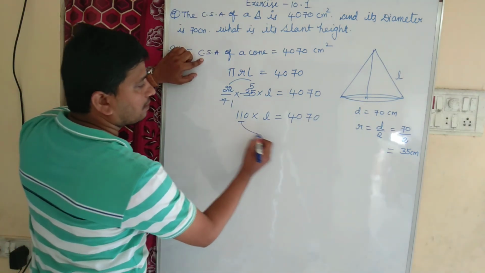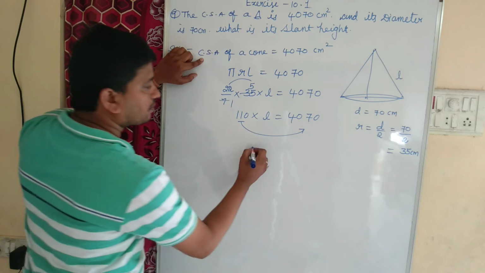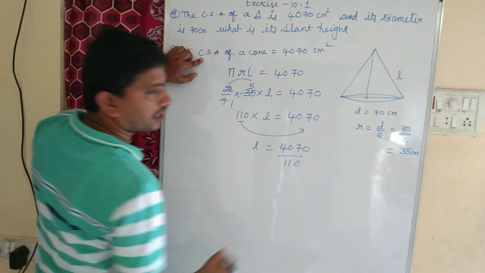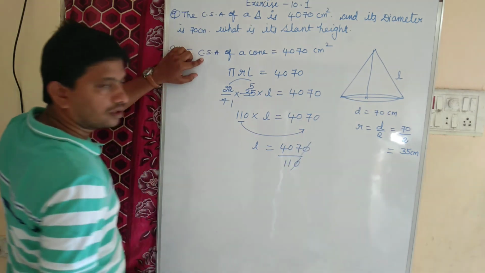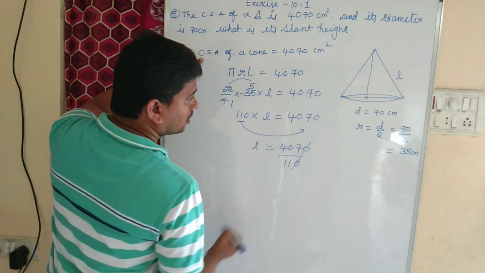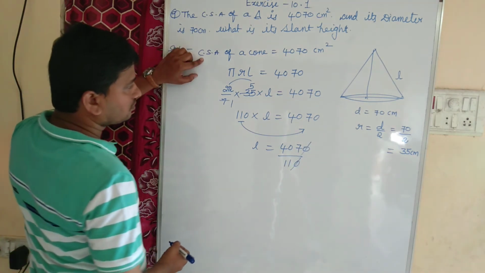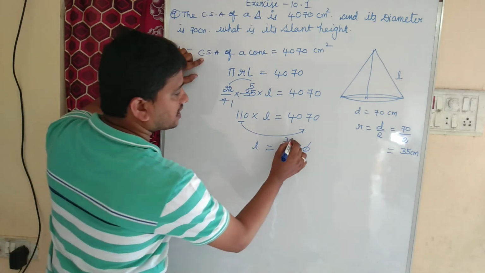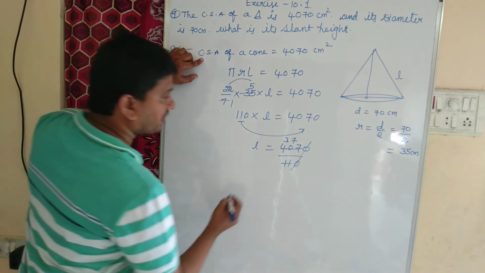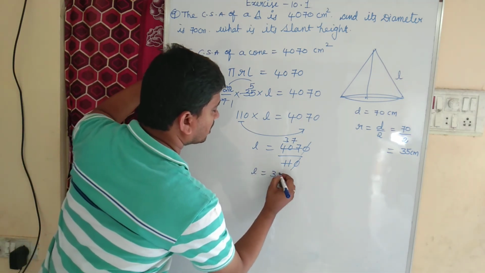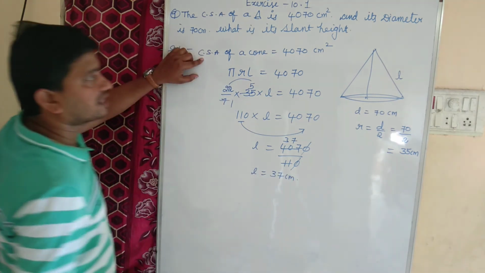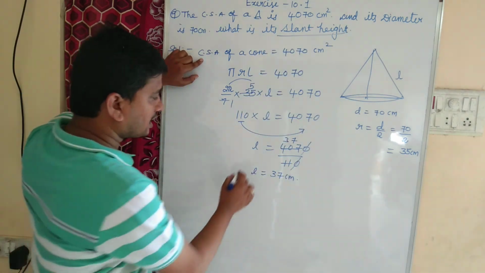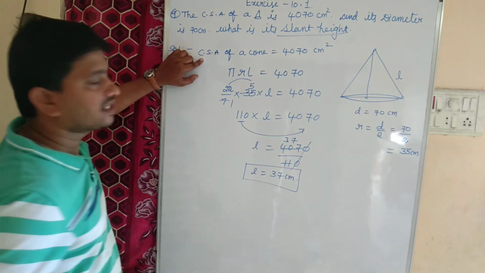As 110 is multiplying, transpose: L equals 4070 by 110. 0 0 gets cancelled. So 11 table: 11 3s are 33, 11 7s are 77, right? So L equals how much, children? L equals 37 centimeter. They are asking to find its slant height. So slant height L equals 37 centimeter.